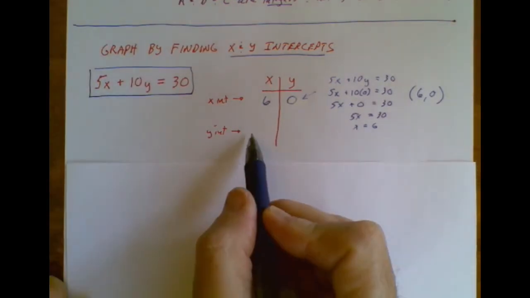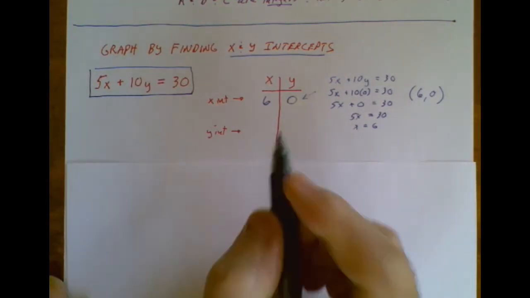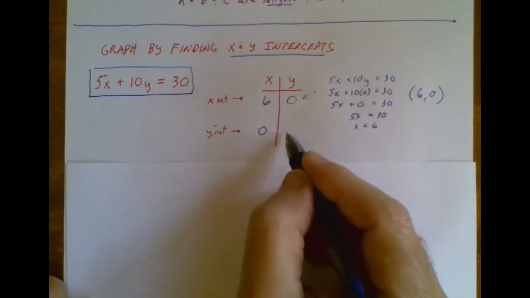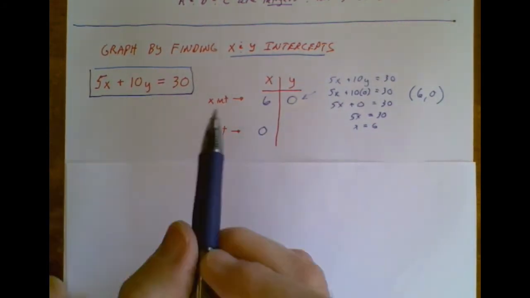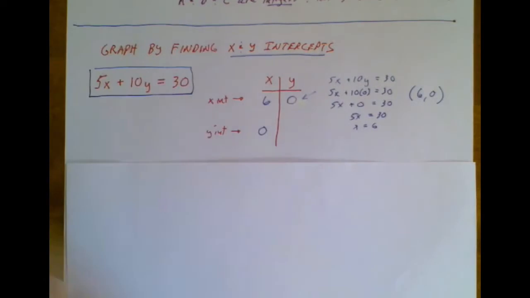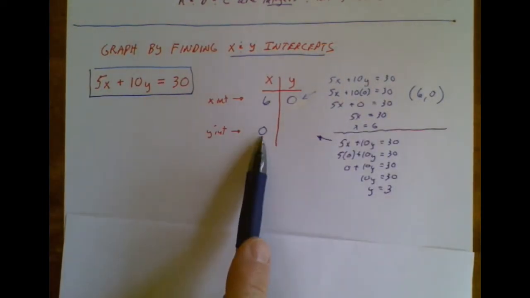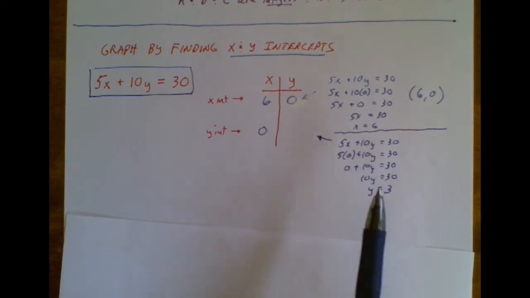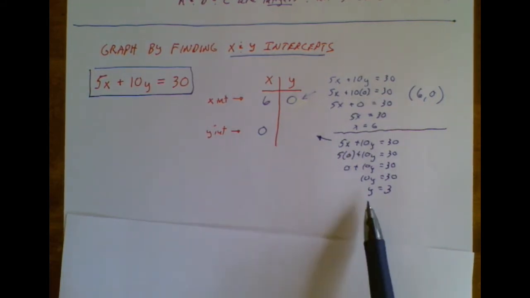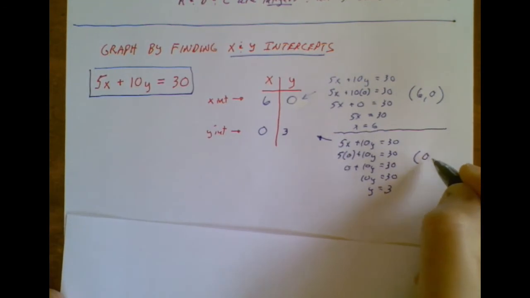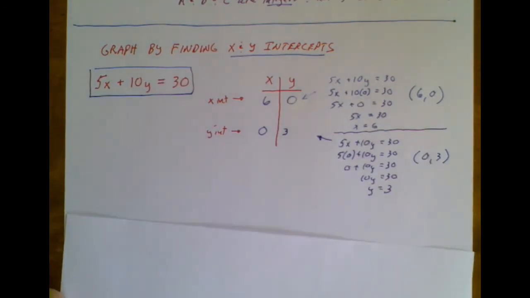I can use the same logic over here. Every y-intercept in the entire world has an x value of 0. So now I can just plug x equals 0 into here and get a y. And there it is. I took my x equals 0, plugged it into my equation, and I get out y equals 3, which means the y-intercept is (0, 3).